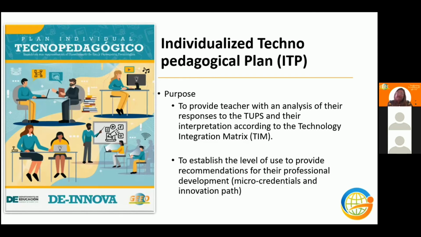The first section is theoretical: a description of the assessment, the TOPS, and the technology integration matrix, to familiarize the educator with what it means. Then come the results based on their responses, so each person gets their data, and the interpretation of that data. Then the level they placed at according to the results, and the recommendations based on that level.